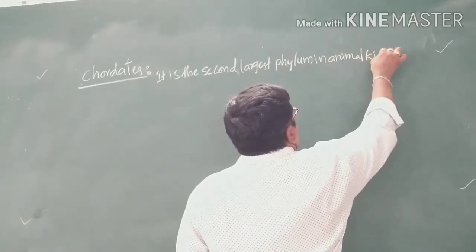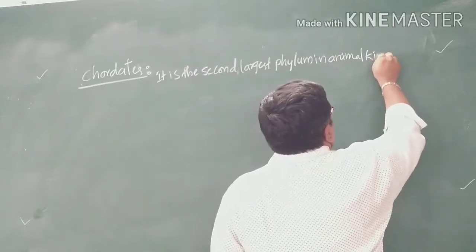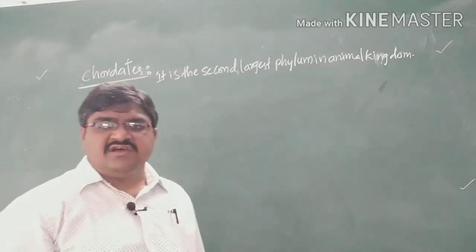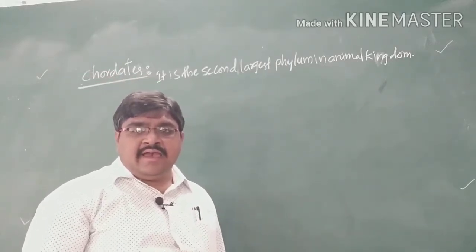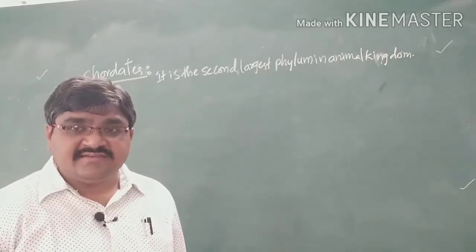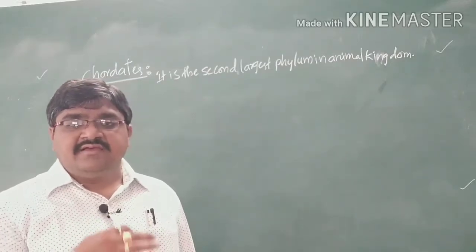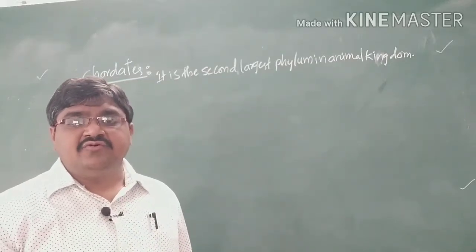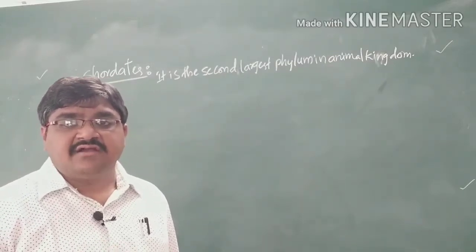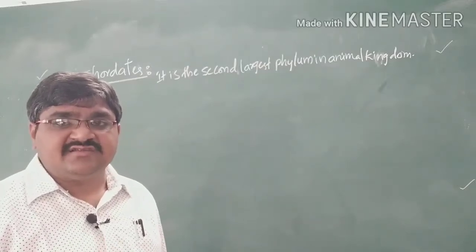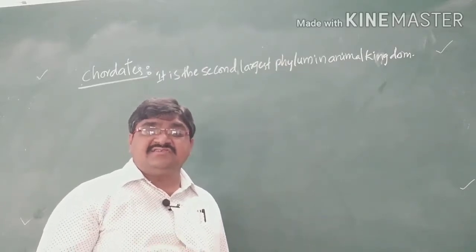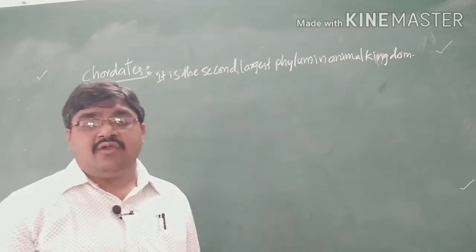In the animal kingdom, the largest is the phylum Arthropoda. Overall, the second largest phylum present in the animal kingdom is Chordata, or the vertebrates, and the second largest invertebrate phylum is Mollusca.